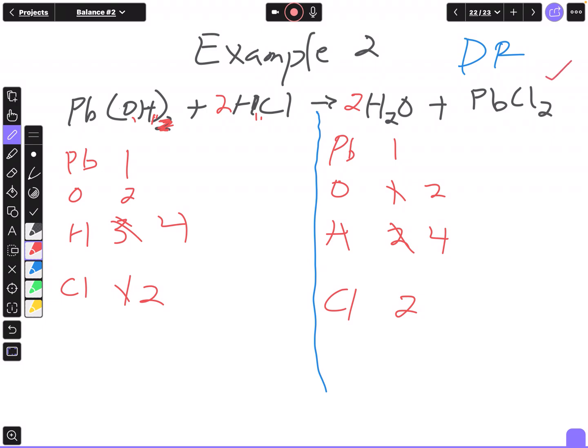The way it happens is 1 molecule of PbOH2 reacts with 2 molecules of HCl to produce 2 molecules of H2O plus 1 molecule of PbCl2. That's the ratio of molecules, how this reaction happens at the simplest level.